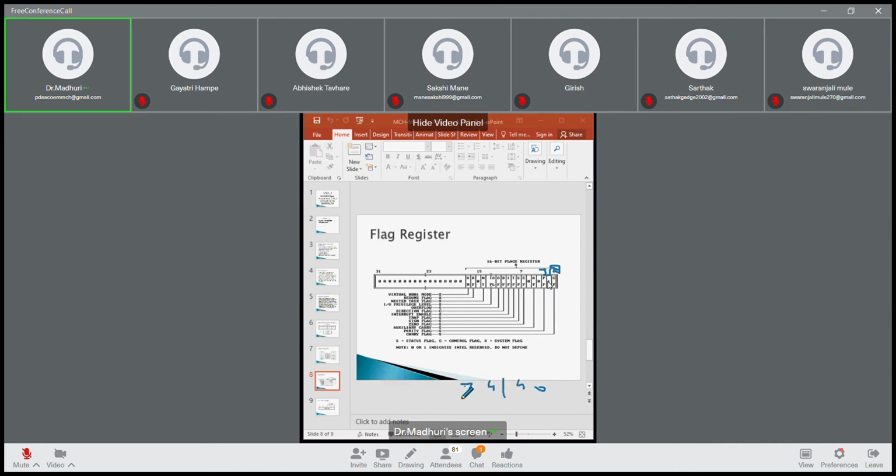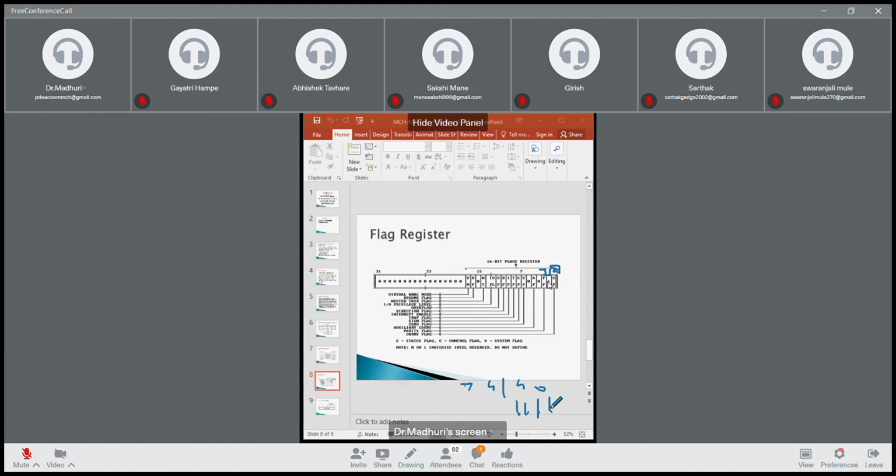In the least significant bits, if there is a value like 1 1 1 1, that means it is even parity, because 4 ones are there. This is for 8 bit. For 16 bit, it is the lower 8 bits. For 32 bit, the lower 16 bits. If the count of ones is even, then this parity flag will be set. Understood, guys?